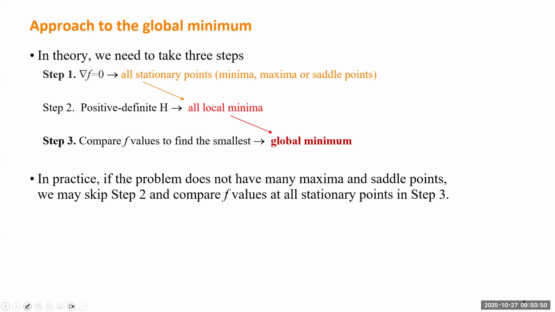Then you compare the F value at all stationary points to find which one is the smallest. This in practice is good if you don't have many candidate solutions. If you have so many candidate solutions, you want to add step 2 to narrow down your calculation of the cost function to only the minimum points.